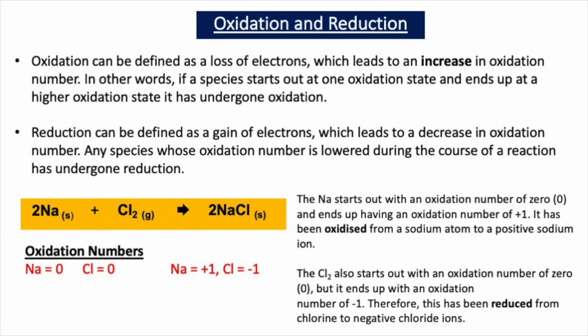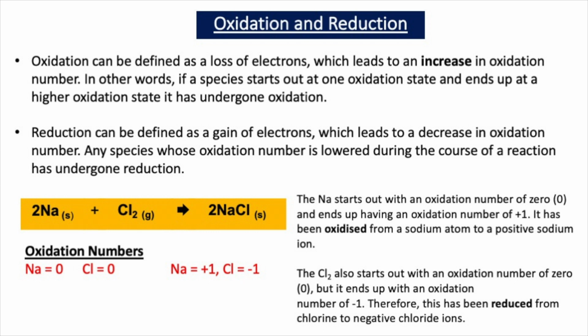So now let's look at a very simple chemical equation. So here we have sodium reacting with chlorine to form sodium chloride. And the chemical equation is 2Na plus Cl2 goes to form 2NaCl. Now this reaction has both reduction and oxidation taking place and can be described as a redox reaction.